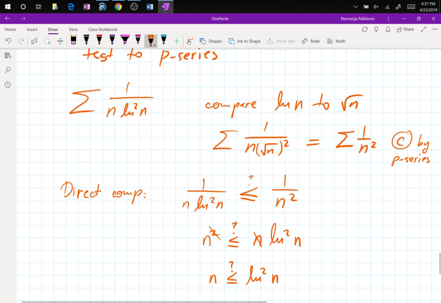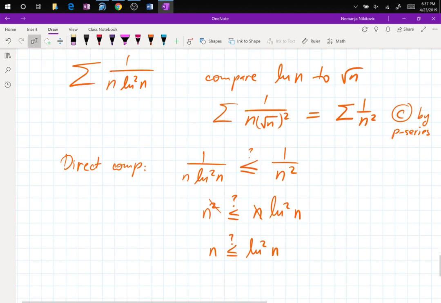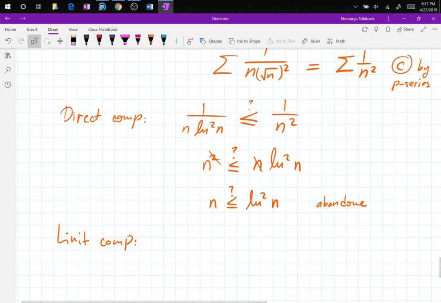And you can't really show this one because you are comparing a polynomial function to a transcendental function, and that doesn't work well in mathematics. So abandon that and then use limit comparison. Now, I did tell you that you should use limit comparison pretty much all the time.